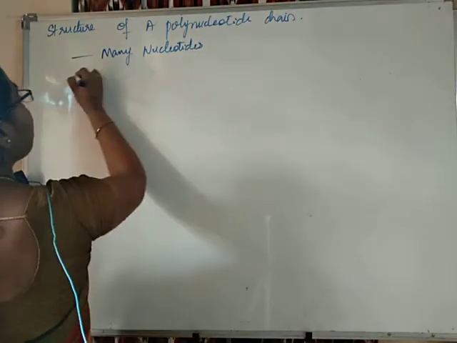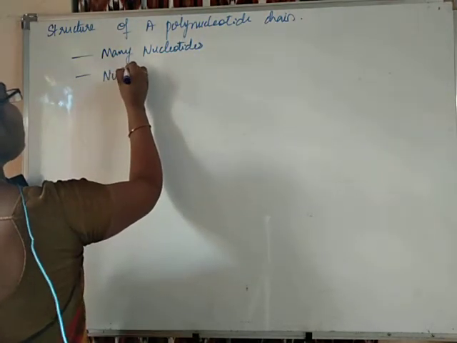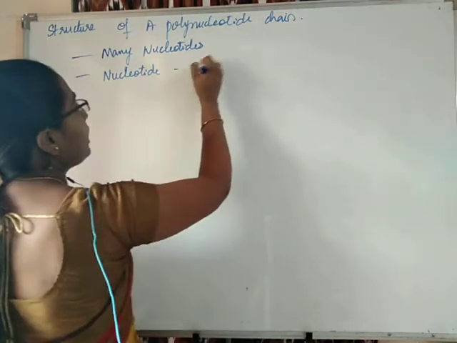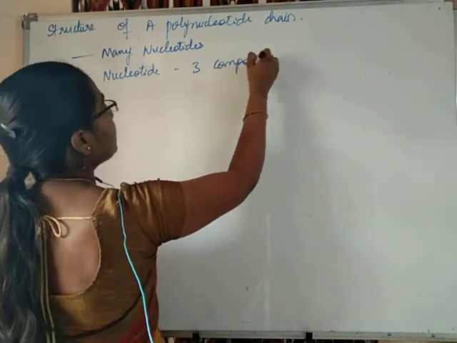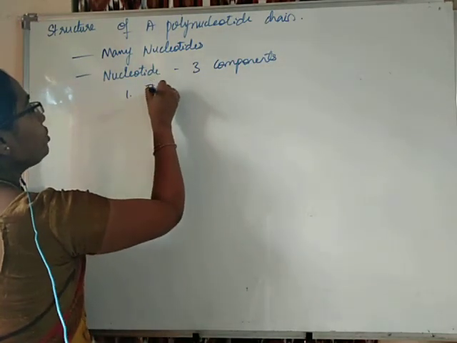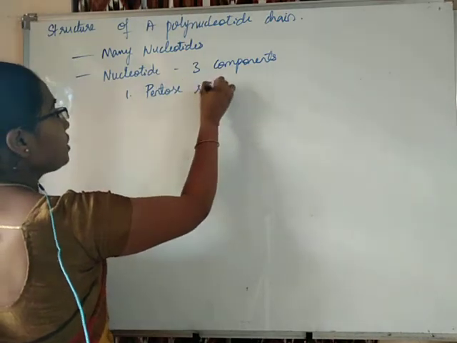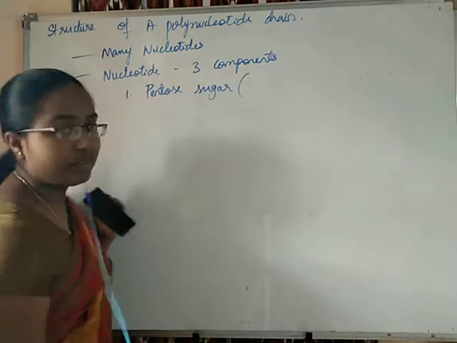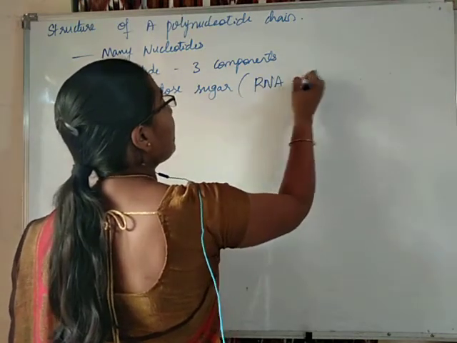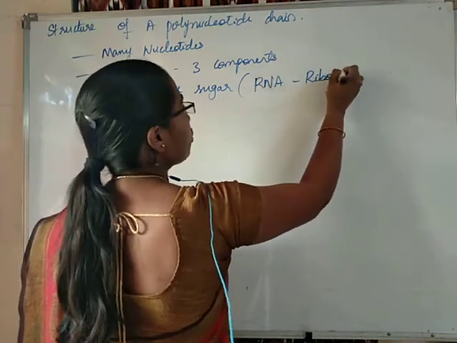and each nucleotide consists of 3 components, okay. The first one is a pentose sugar. If it is in case of RNA, the pentose sugar is ribose.